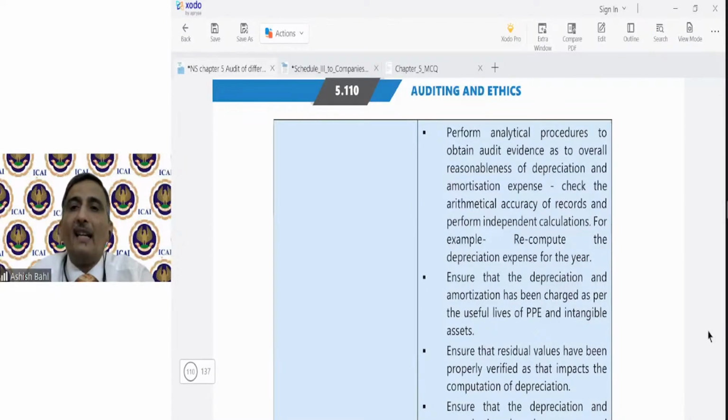So perform analytical procedures to obtain audit evidence as to the overall reasonableness of depreciation and amortization expenses.